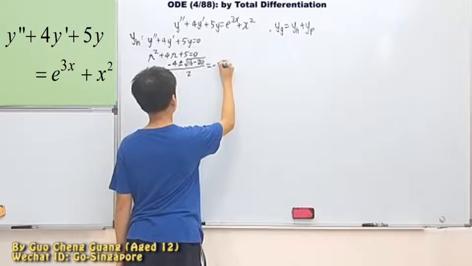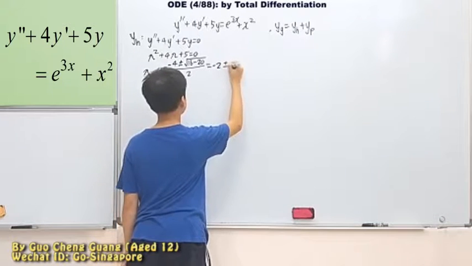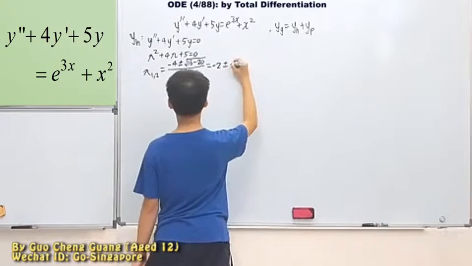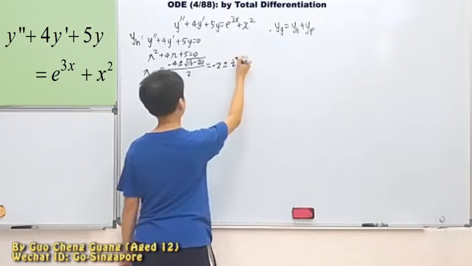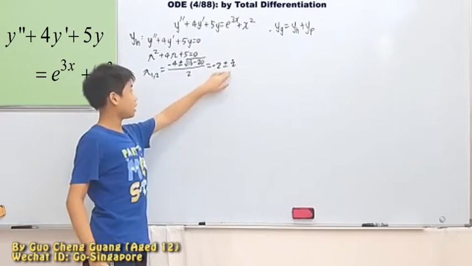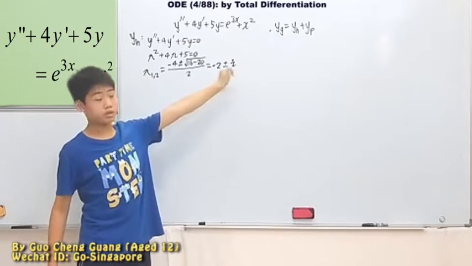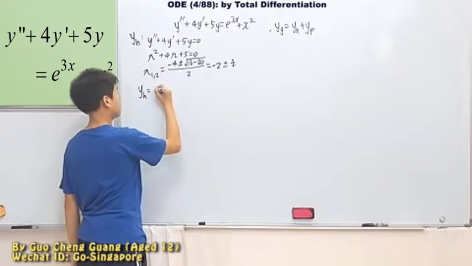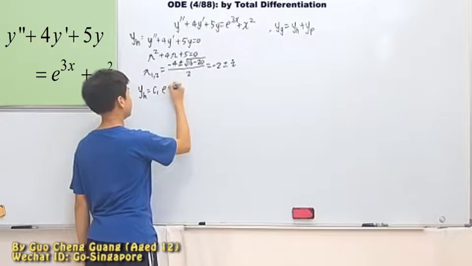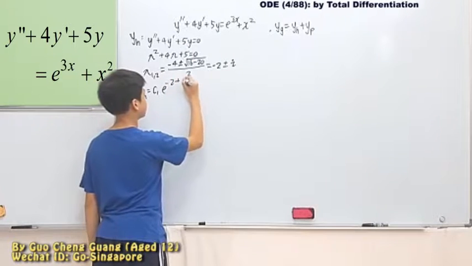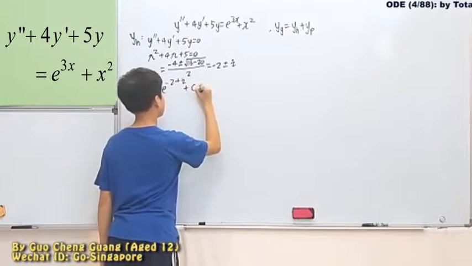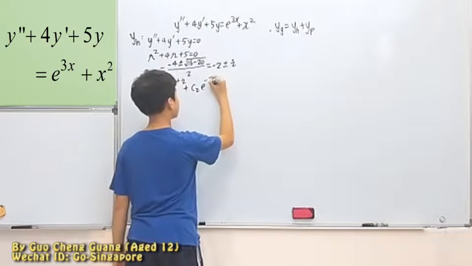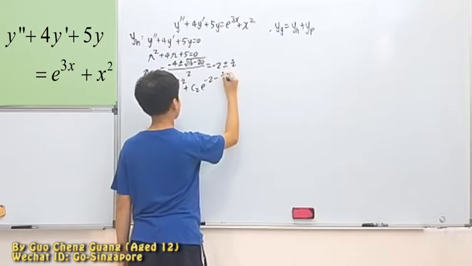Then after that, negative 2 plus minus i. Okay, this part is what you'll get. And that means yh would be c1 e to the power of negative 2 plus i, plus c2 e to the power of negative 2 minus i.